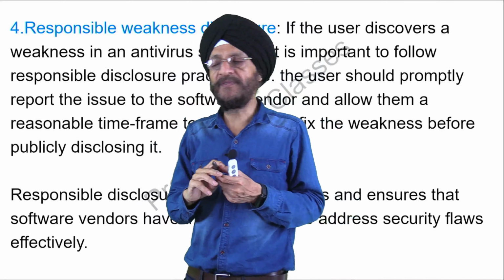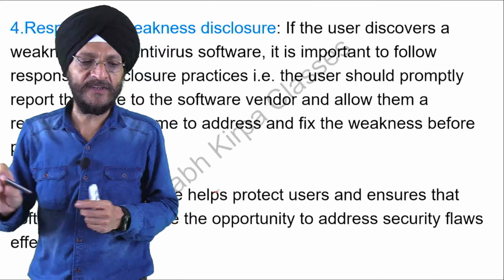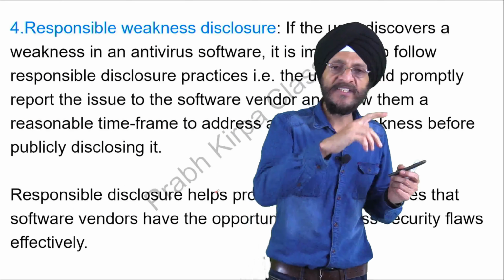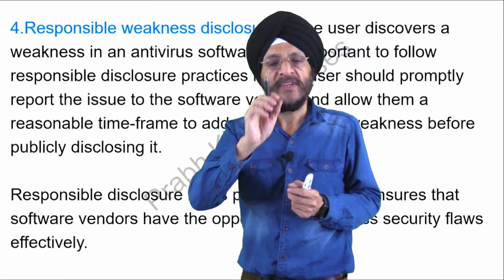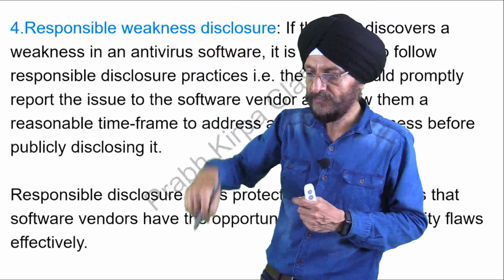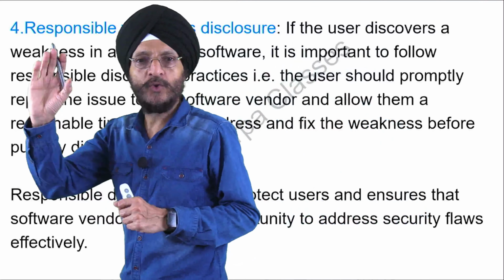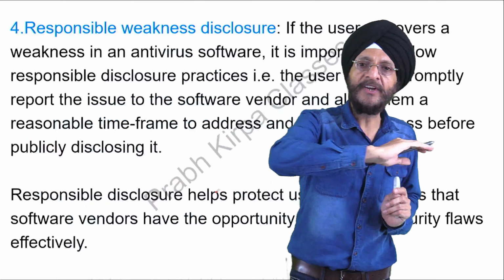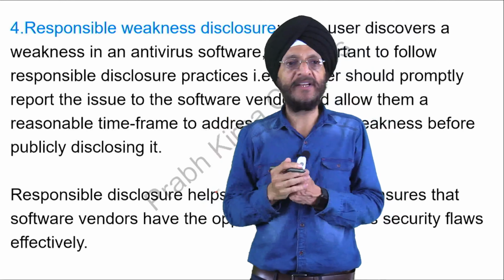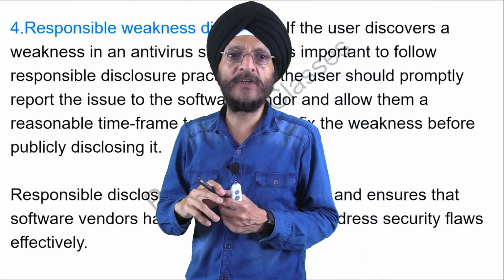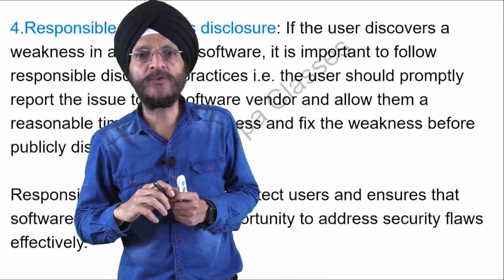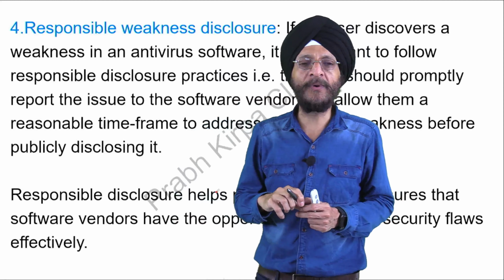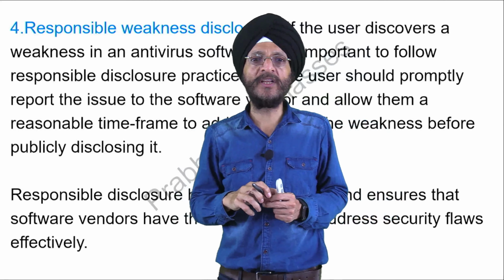That is, if the user of the antivirus software finds some weakness in the antivirus software, then instead of publicly disclosing it, the user should first inform the antivirus software vendor so that it can take appropriate steps to reduce or remove that weakness. Responsible disclosure helps to protect users and ensures the software vendors have the opportunity to address security flaws effectively.